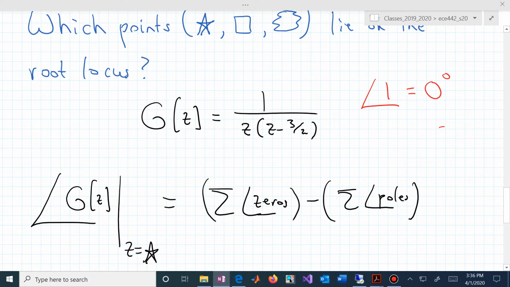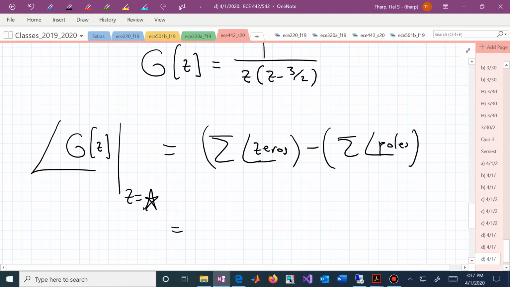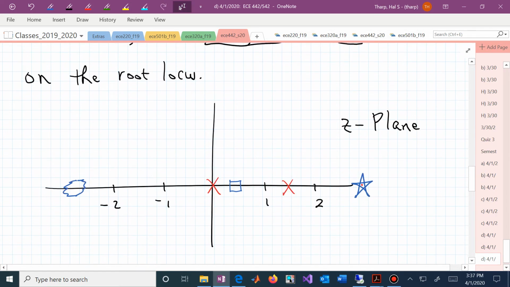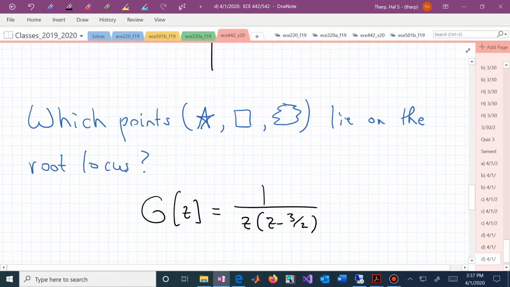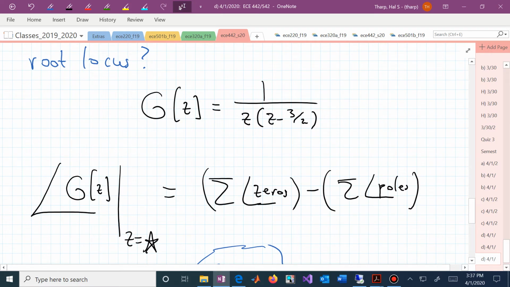So a lot of times when you see a positive constant in the numerator, we just associate that with no angle. It's 0 angle, but a lot of times we don't even indicate it as an angle. So we have no finite zeros to produce any angles to get us to this point. What about the poles? Well, now we're subtracting their angles, because really, if you look at this, this is 1 at an angle of 0.